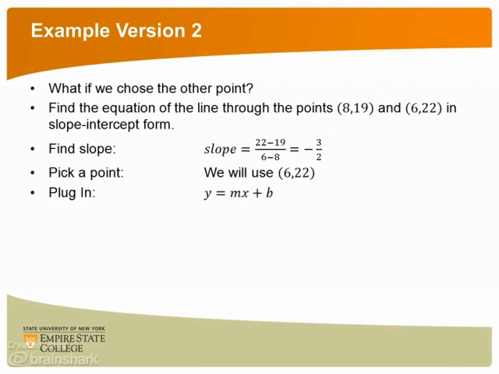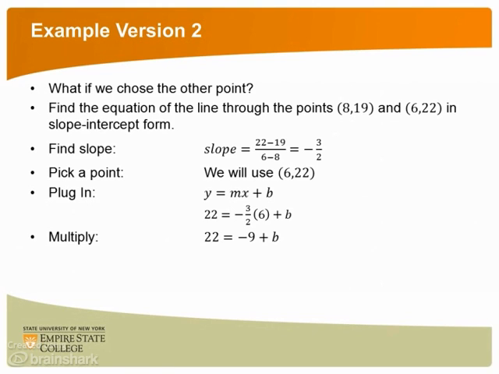Again, we want to find the slope-intercept form, which is y equals mx plus b. Our slope is negative 3/2, the x value is 6, and the y value is 22. So we plug those values in and have 22 equals negative 3/2 times 6 plus b.